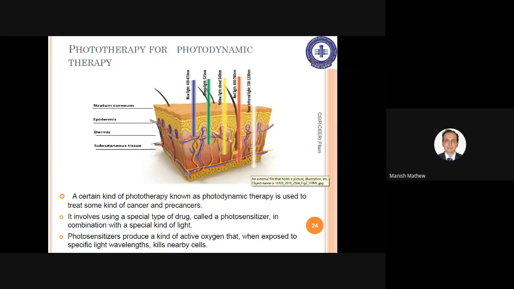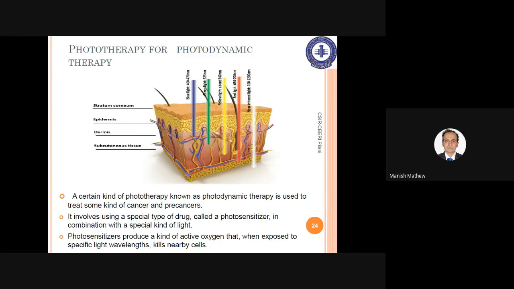Now, with the help of these lights, we can do photodynamic therapy. Now, what happens in photodynamic therapy? In this type of therapy, we use it generally for the treatment of cancer patients, with pancreas cancer and all that. So what we do is we inject a drug. These drugs are photosensitive drugs that are injected on the skin or the affected area, and then a special kind of light is incident on that area.